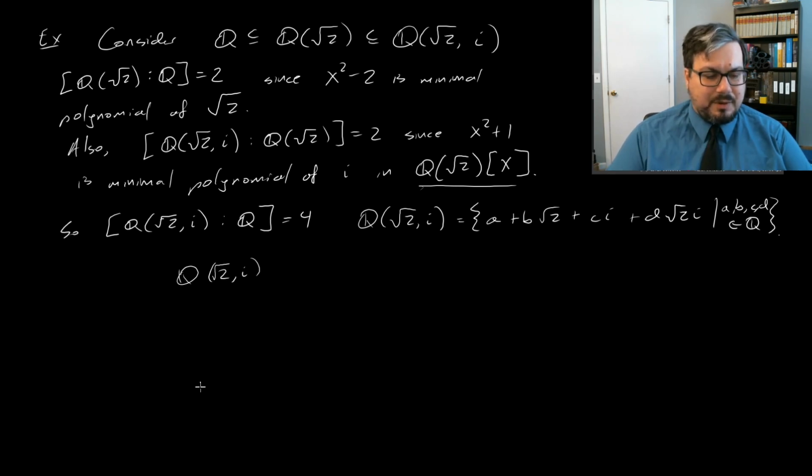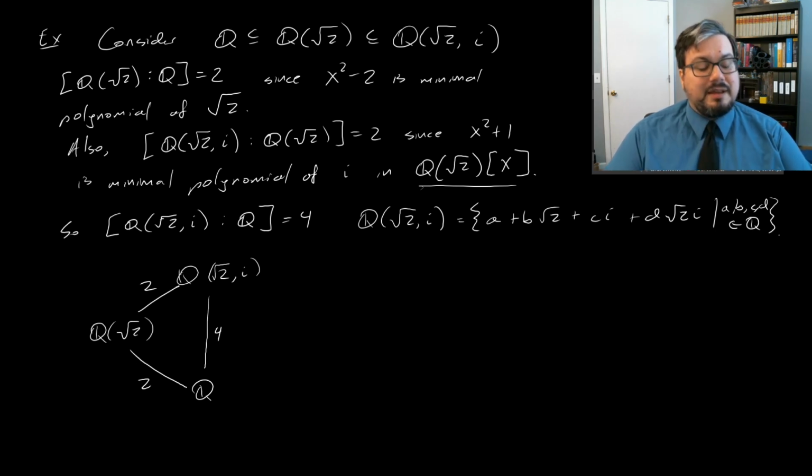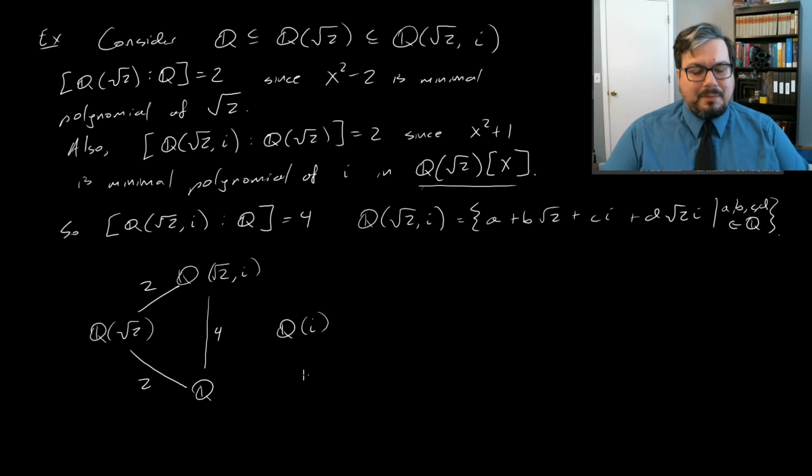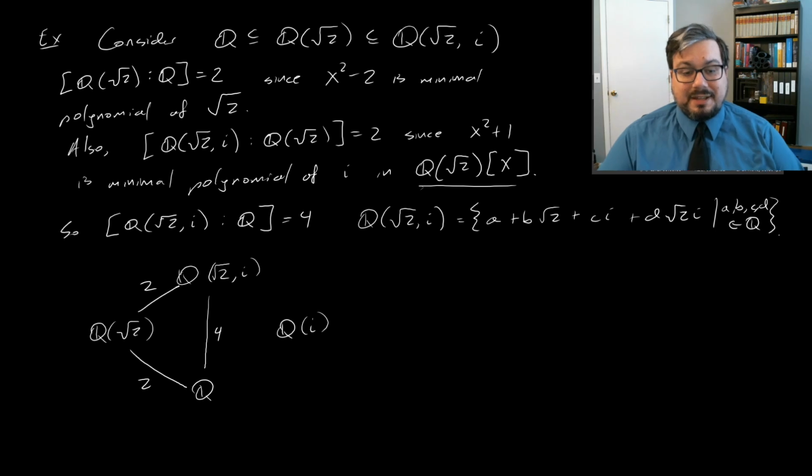Q(√2, i), then Q down here, and we just found that it has degree 4 by looking at the fact that we've got Q(√2), which is degree 2 over Q, and Q(√2, i) has degree 2 over Q(√2). Now there's another subfield that we might consider here, and that's Q(i), the smallest field that contains both the rationals and the imaginary number i.